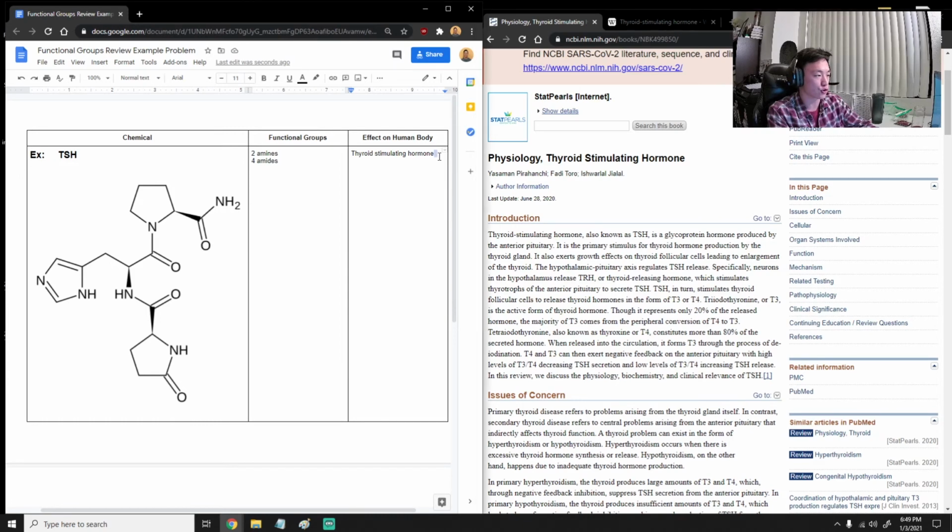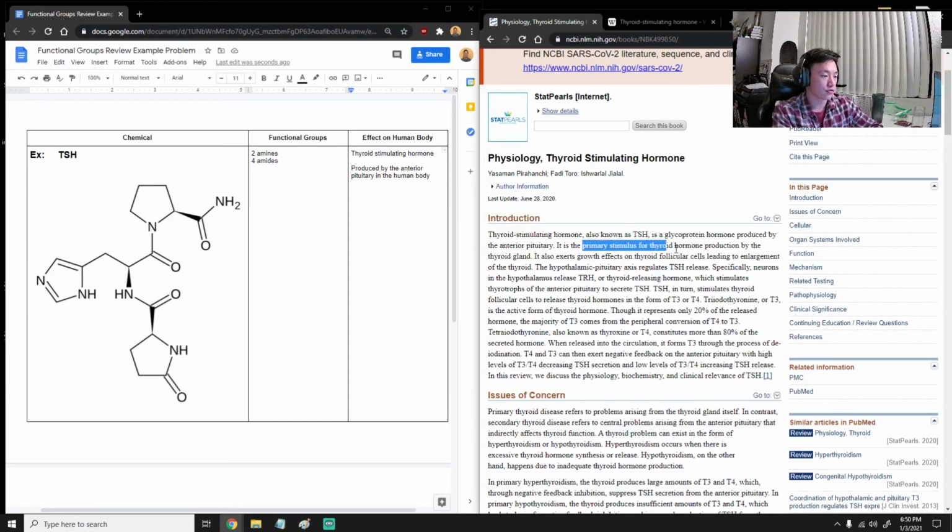So that's where it's produced in the human body. Okay, so it's not like a drug that we make in a lab. It's something that is made inside of your body. Okay, and it is the primary stimulus for thyroid hormone production. So this chemical right here is what stimulates your thyroid gland to produce hormones.